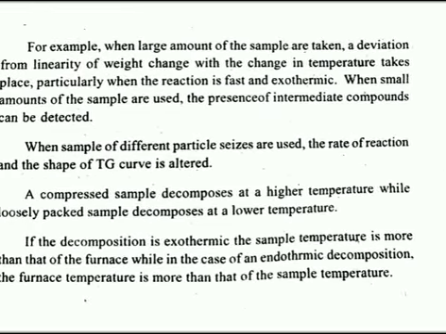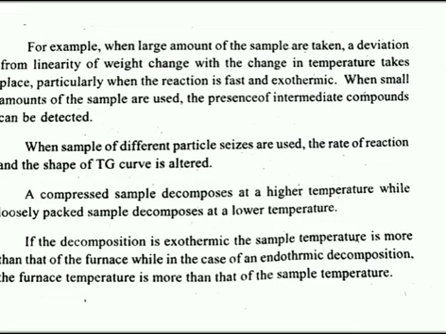For example, when a large amount of sample is taken, a deviation from linearity of weight change with a change in temperature takes place, particularly when the reaction is fast and exothermic. We know what is exothermic: when the reaction evolves heat, it is exothermic. When small amounts of the sample are used, the presence of intermediate compounds can be detected.